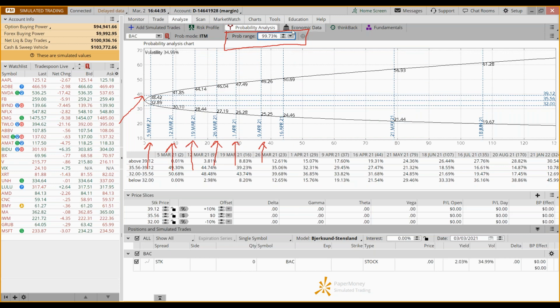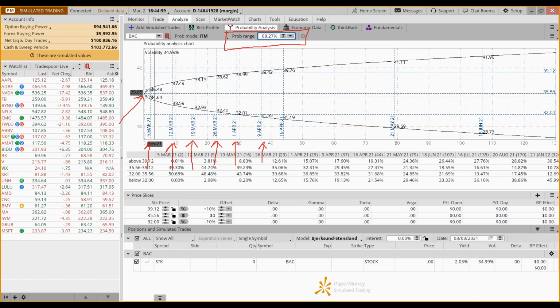It's still 50-50. The odds of it going up to this level are the exact same as going down to this level, all the way across this chart. So when someone says that there's a 76% chance, they might be looking at this right here saying that there's a 75% chance it gets up here to 37.50. The problem is there's also a 75% chance it comes down to 33.36 as far as this is concerned.